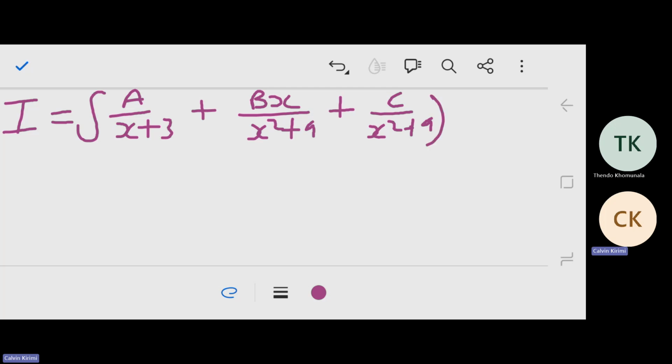And then don't forget everything is multiplied in the bracket by dx, over x squared plus 9.